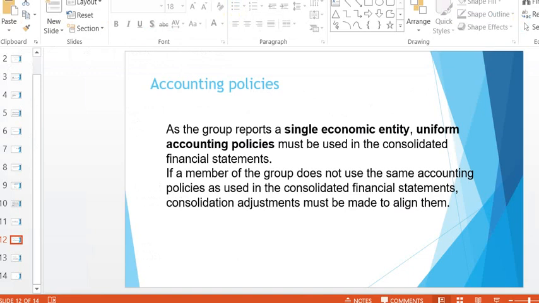Now, as long as there's that relationship of parent and subsidiary, you are required to prepare consolidated financial statements. It's compulsory. There is no exception where a parent can avoid preparing the consolidated statement of financial position.